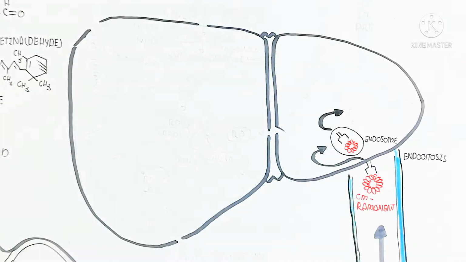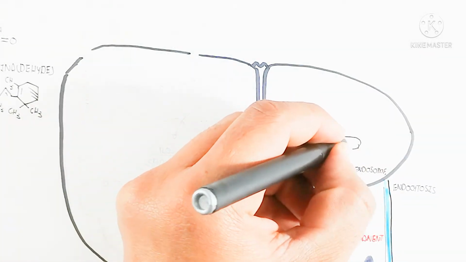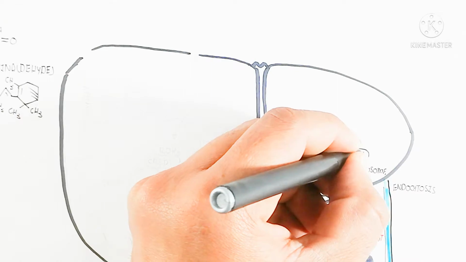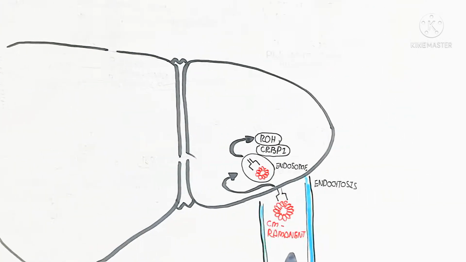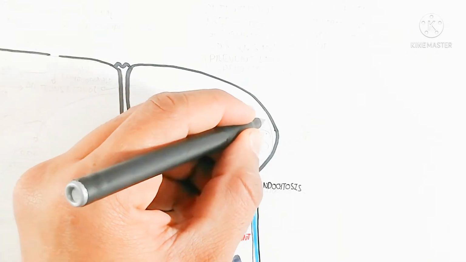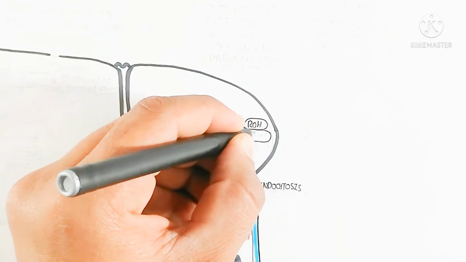So this remnant will move by endocytosis to become an endosome, and that will bind retinol with retinol binding protein 1.